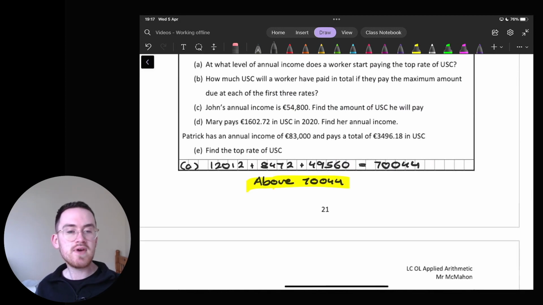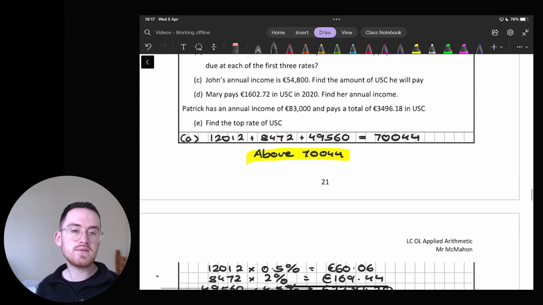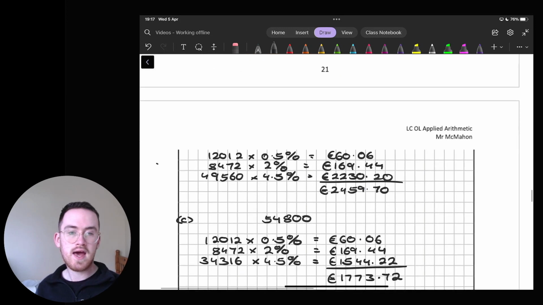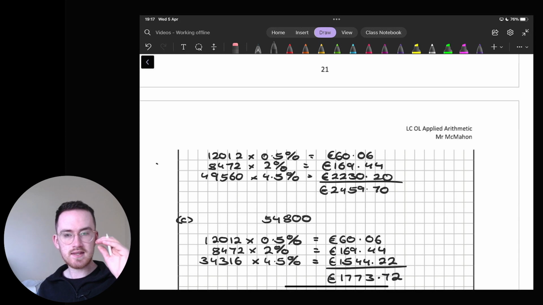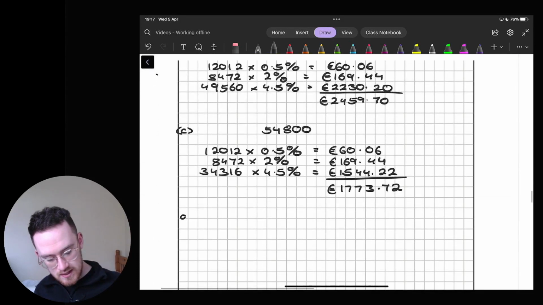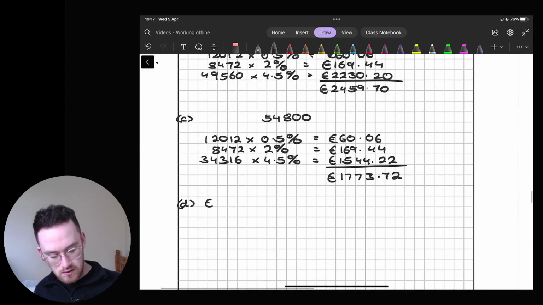Okay. Mary pays €1,602.72 in USC. Find her annual income. Well, first of all, I would say looking at Mary's, we can see that the amount of USC she's paying is below the total amount for those first 3. So she definitely ends in that third one. So her last bit of income is going to be in that third bracket. So Mary pays, let's just copy that down, 1,602.72.